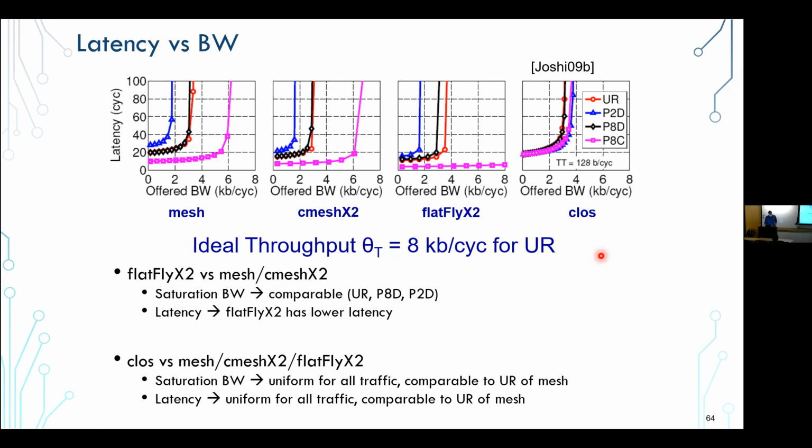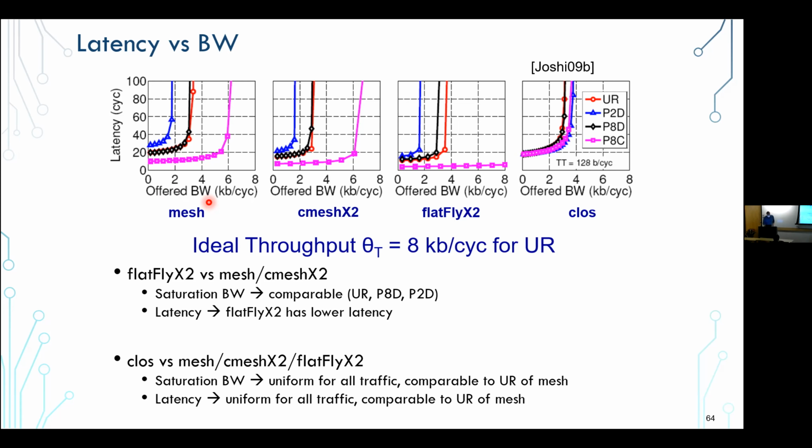So these are some of the results, for example, you can get. You have latency in number of cycles and offered bandwidth. Remember, offered bandwidth was how much can the core inject without saturating the network. If you start saturating the network, your latency goes to infinity. You just can't get anything through. Why? Because the credit-based flow control doesn't let you actually send the bit.